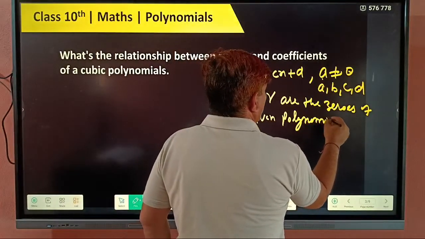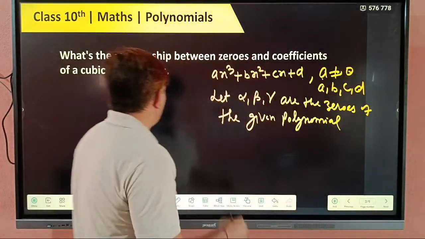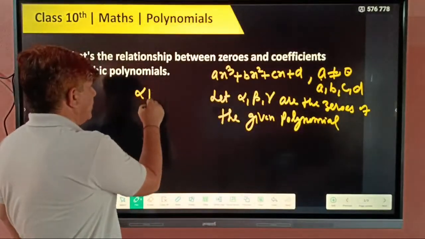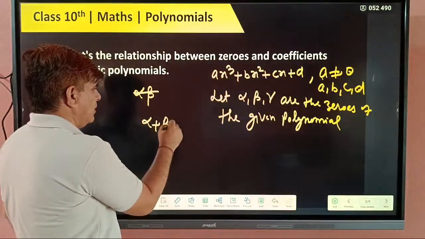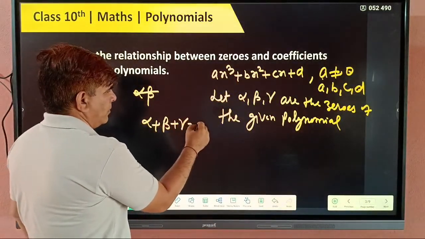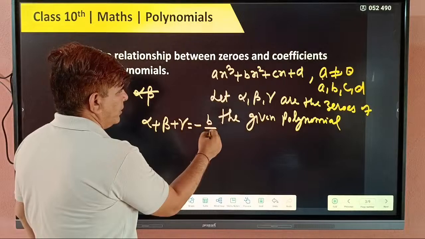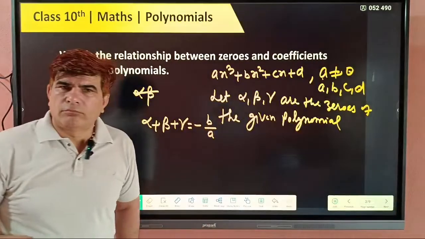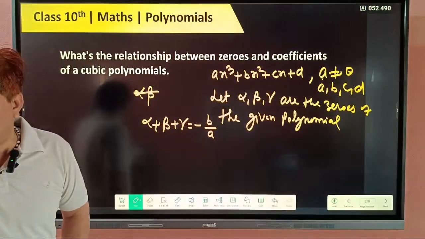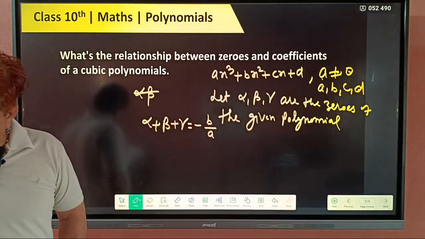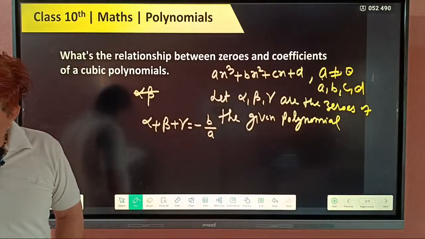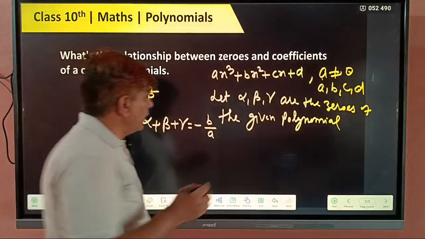First, alpha plus beta plus gamma is equal to minus b by a. What's the relationship? Minus b by a.